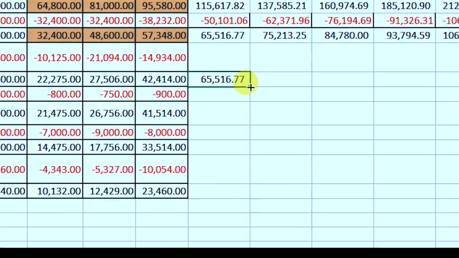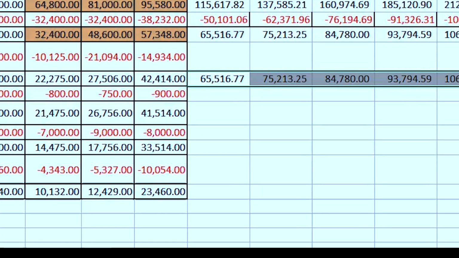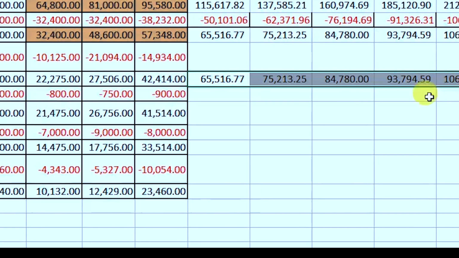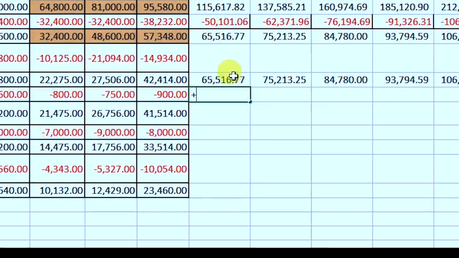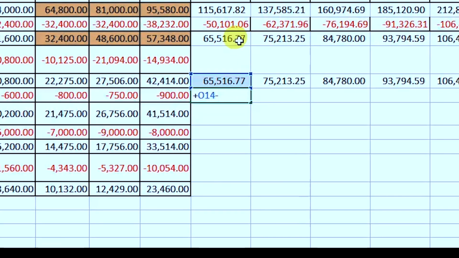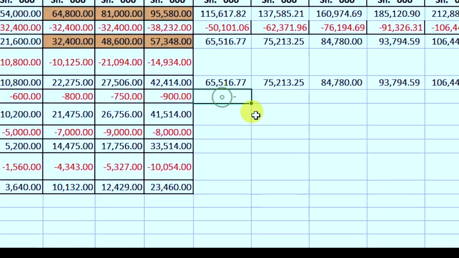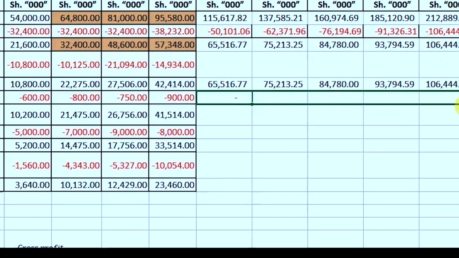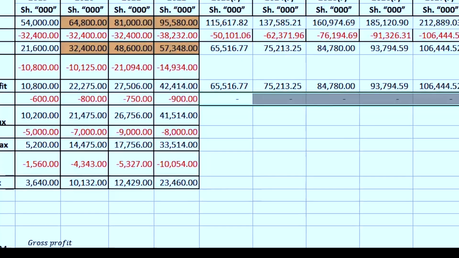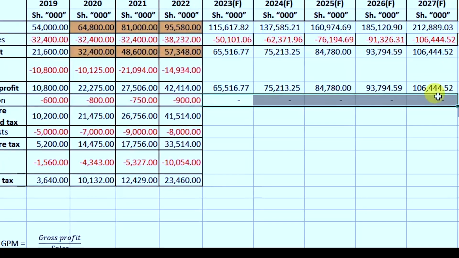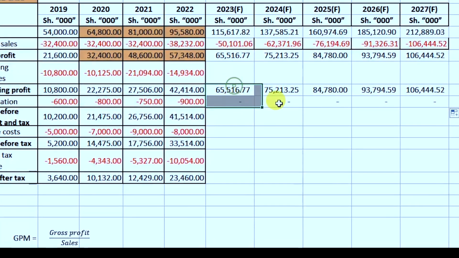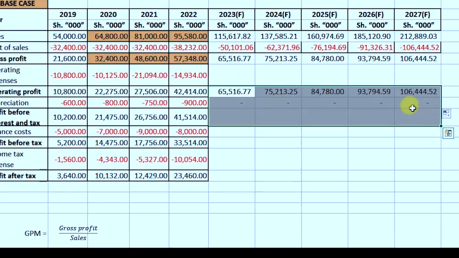So moving it towards the right, we should get the same values over here. To counter check, you just get plus that minus that value. If you get a 0, it's okay. So you can see you're getting nil all through. You're checking whether this value is the same as that value over there. So we just delete this part over here. Delete.